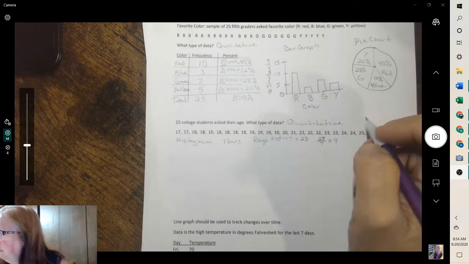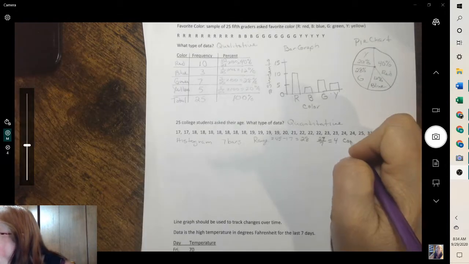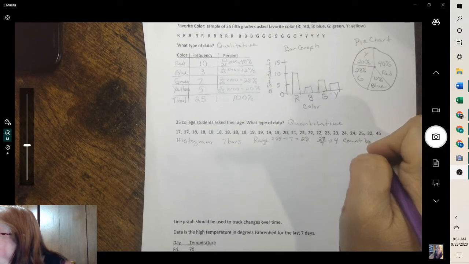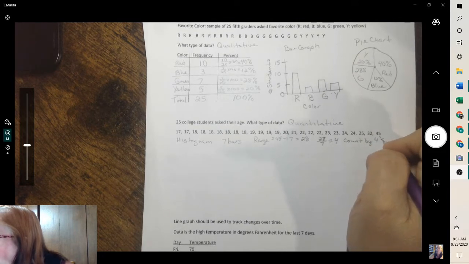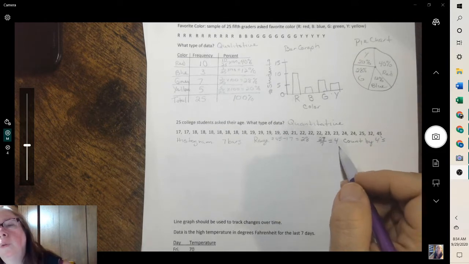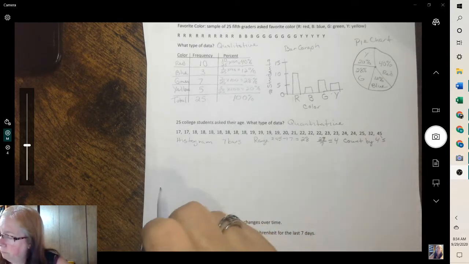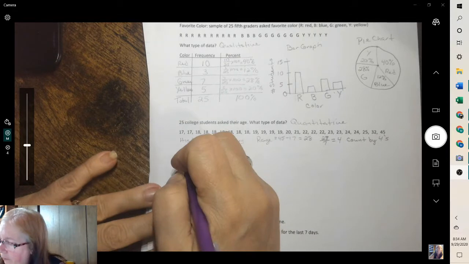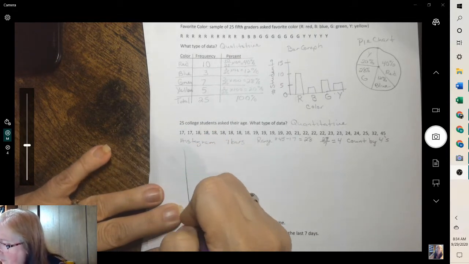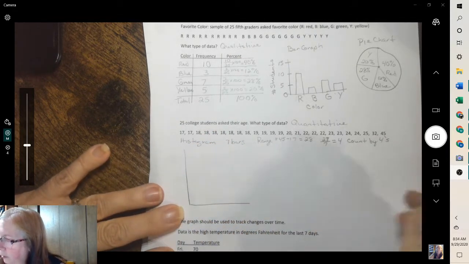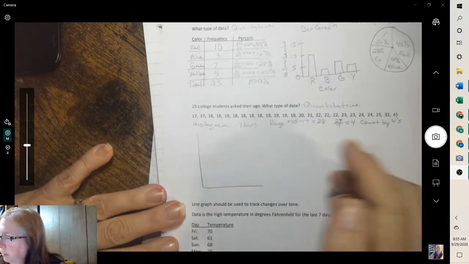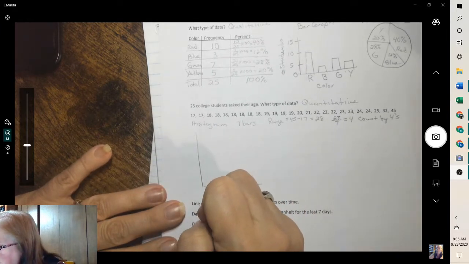28 divided by 7 equals 4, so we count by 4s. If you end up with a decimal, round up. So we have our histogram. And we're starting with 17 because that's our lowest age.